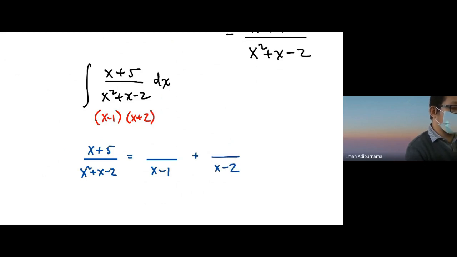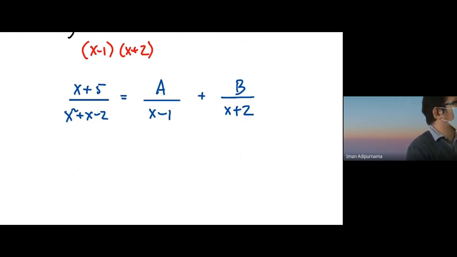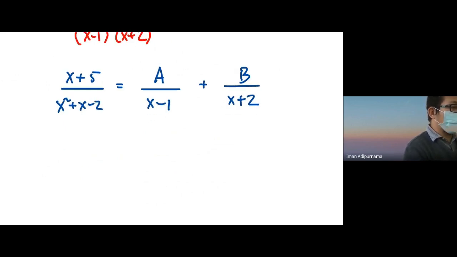Okay, so we have this, and we have a constant here. Let's say A and B. What we are going to do is the first process, the combination part, and then try to figure out the top equations. We need to equate this top equation with the left one.